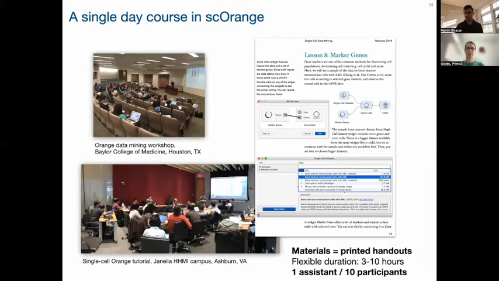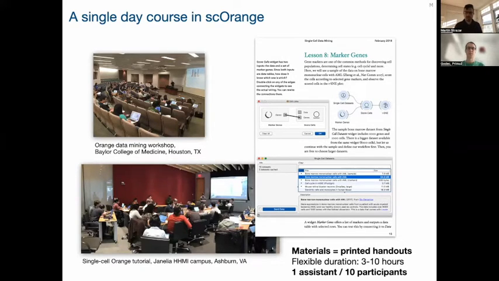Our general motivation and goal is to be able to teach a biologist or a data scientist to productively work with Single Cell Orange in a single-day or half-day course, which is composed of hands-on and highly interactive course materials, where one is able to grasp the key concepts in a couple of hours and not be too concerned by the kinks of programming, but focus more on concepts than on technicalities.